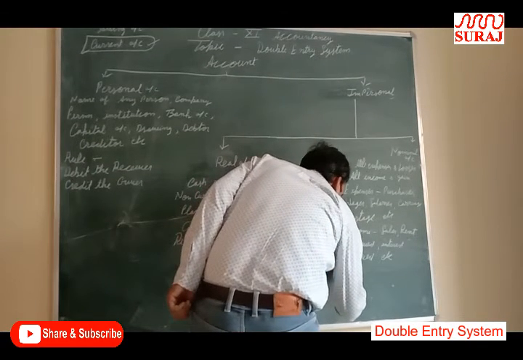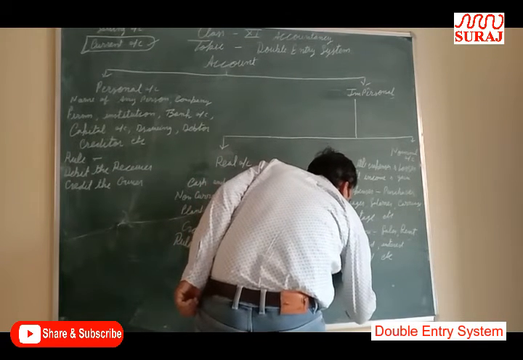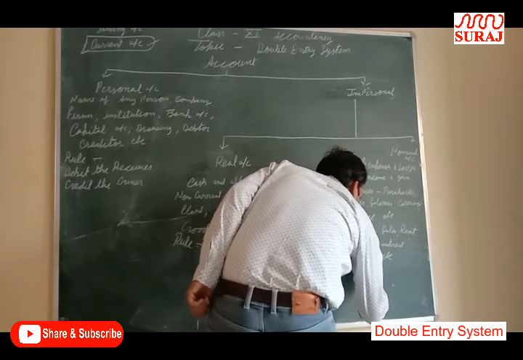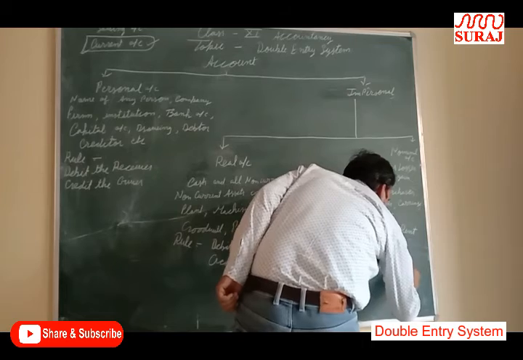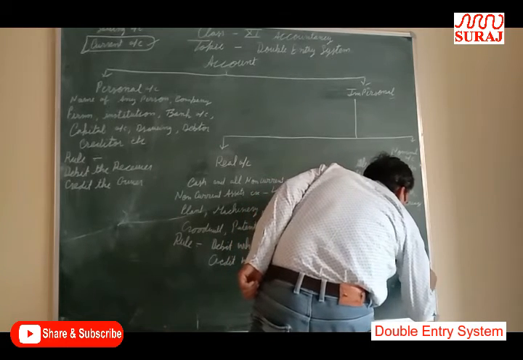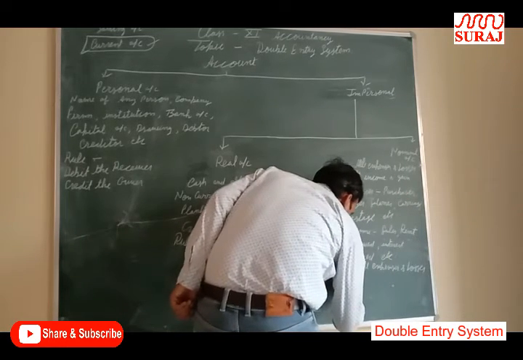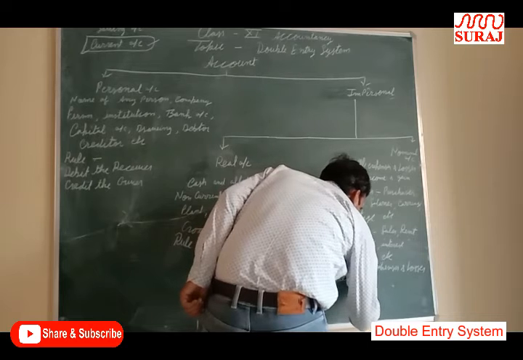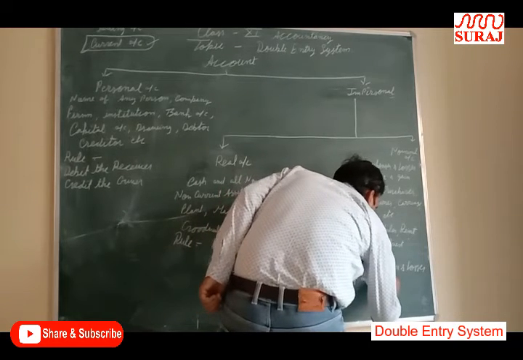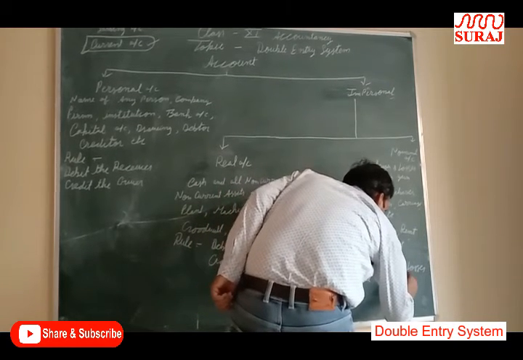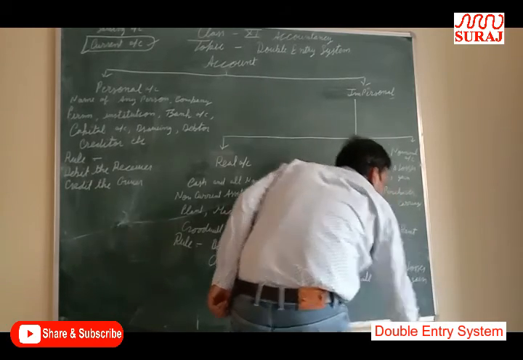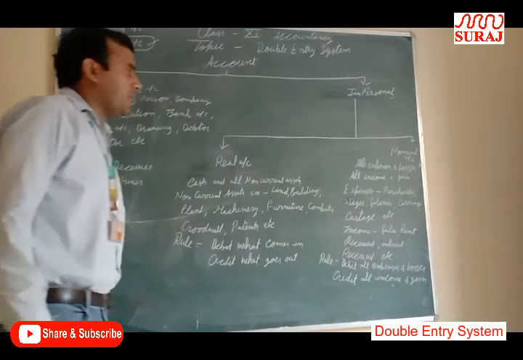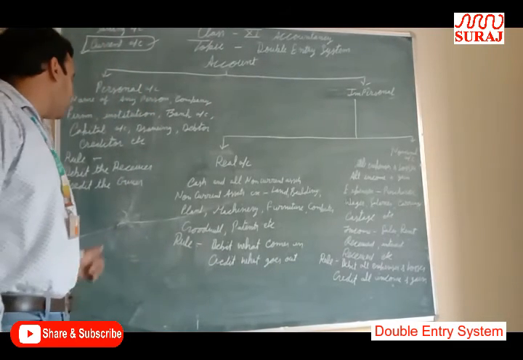Nominal account rule: debit all expenses and losses, credit all income and gains.